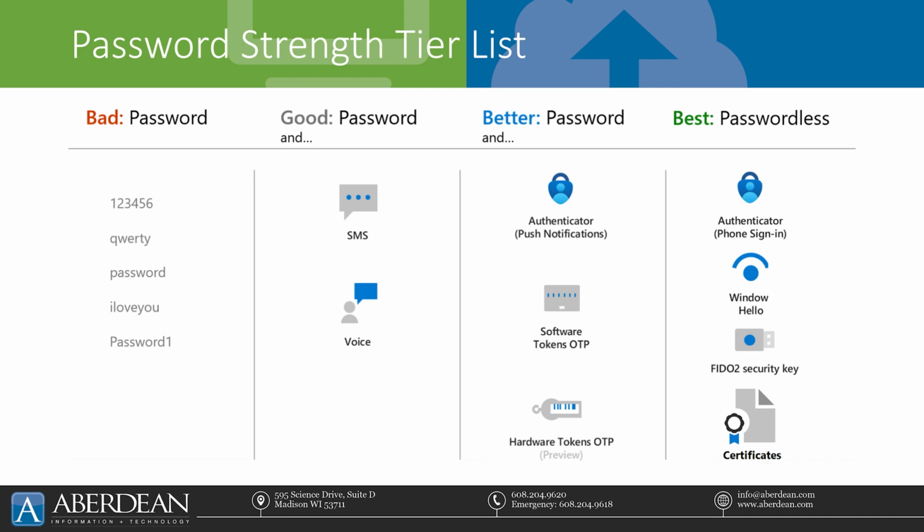Better is having an authenticator app or software tokens, such as Microsoft Authenticator, where you have the 6 digits that you can go type in. And then even better is using secure authenticator features such as Microsoft's number matching through their MFA, or even using security keys through FIDO2.